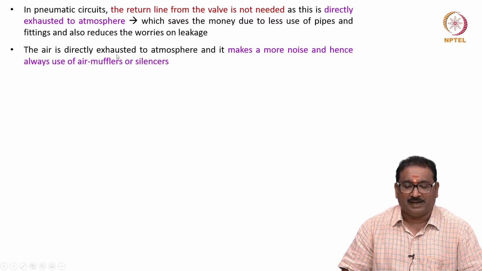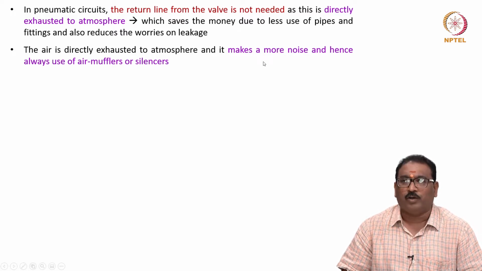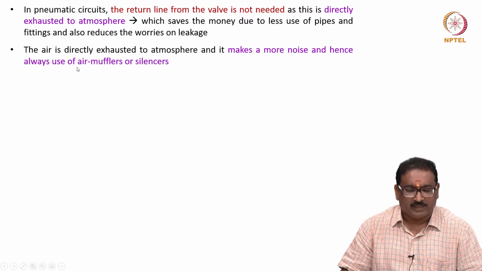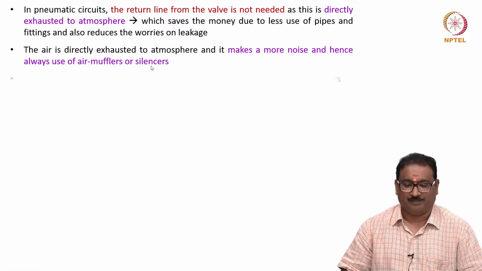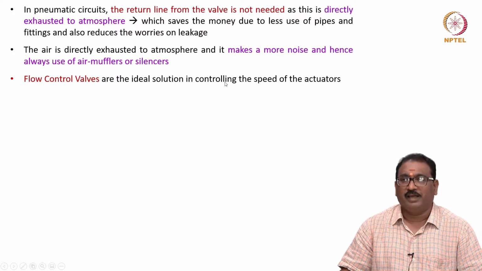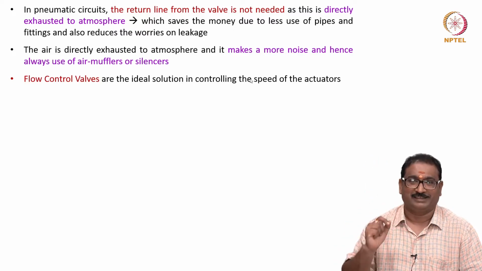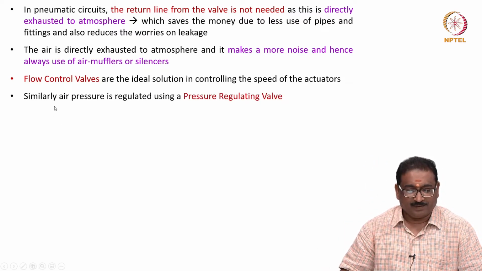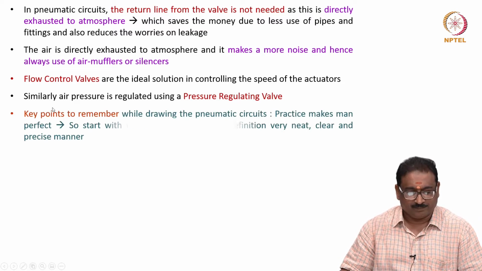The air exhausted directly to the atmosphere makes more noise, and hence the use of air mufflers or silencers is always recommended in pneumatic systems. Flow control valves are the ideal solution for controlling the speed of the actuator, similarly to hydraulics. Similarly, air pressure is regulated using pressure regulating valves.